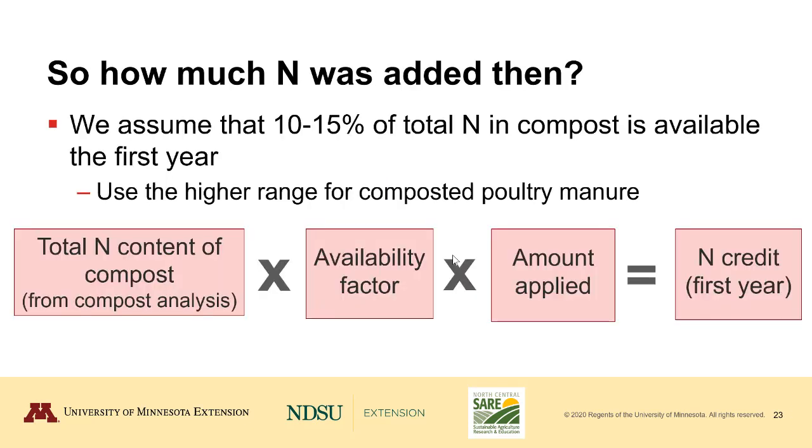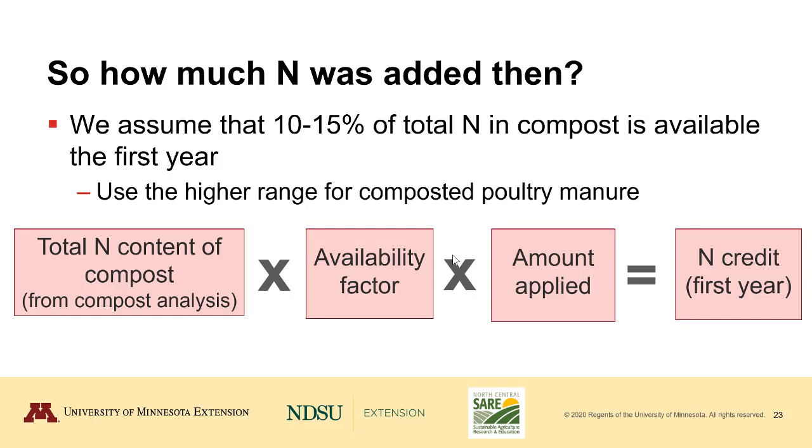So how much nitrogen was added then? It's very important to make sure you're crediting all of the nitrogen that might be added from your various different sources, and that includes if you apply compost. In this case, there's not a high availability of nitrogen from composted materials. We assume that about 10 to 15% of the total N in the compost is available the first year.